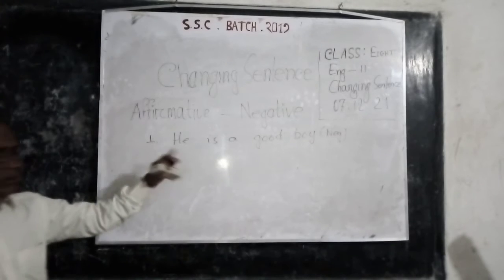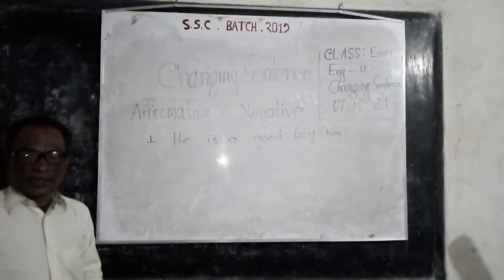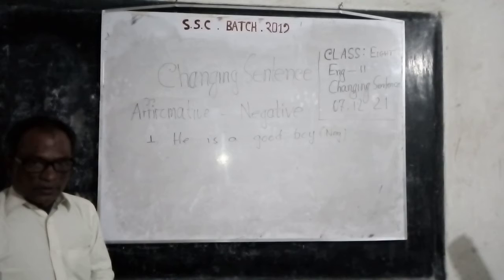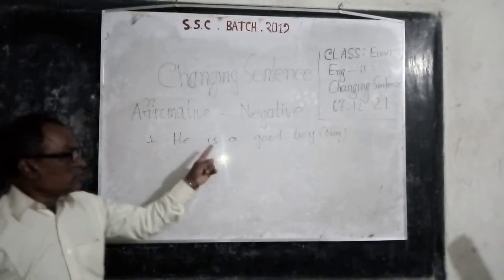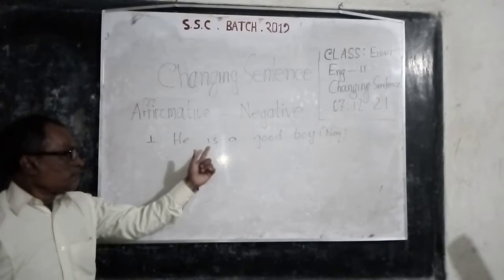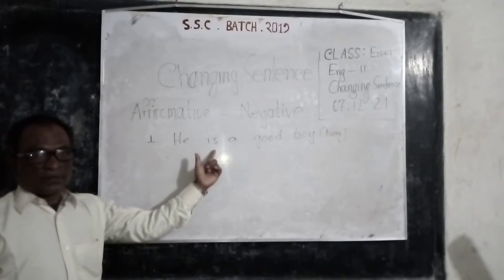We have to make this sentence negative. If we follow this sentence, we find an auxiliary verb, is.